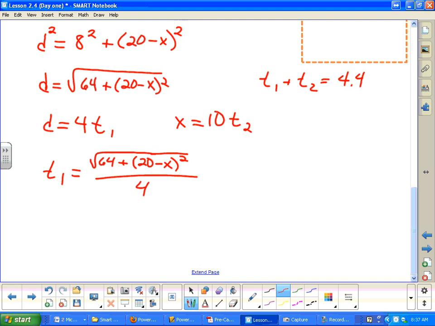Distance divided by speed, right? And then T2 is equal to x over 10. Don't you love distance, rate times time problems? So then these two things added together have to equal 4.4.